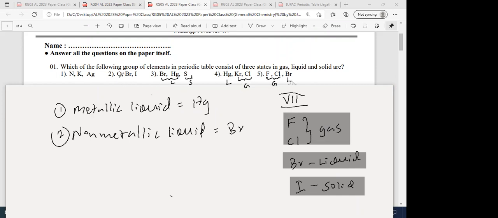This will be oxygen gas, bromine liquid, iodine solid. They haven't given them respectively, therefore no need to take them respectively. This is nitrogen gas, potassium solid, argon, silver solid. So what is the answer now?